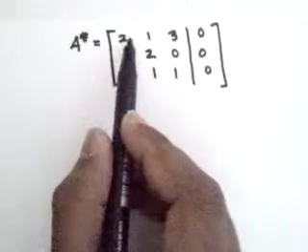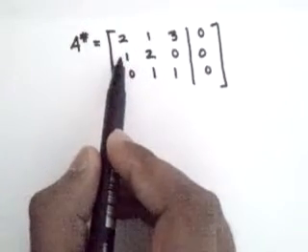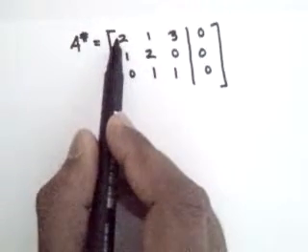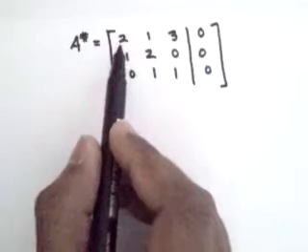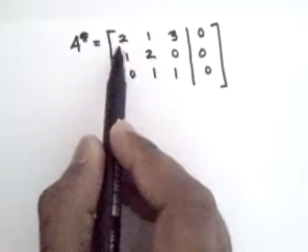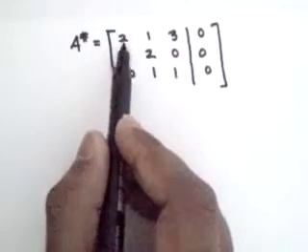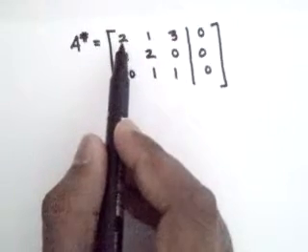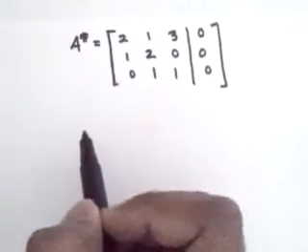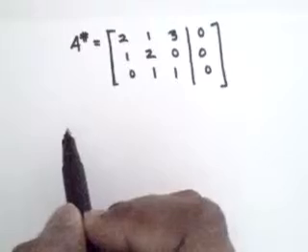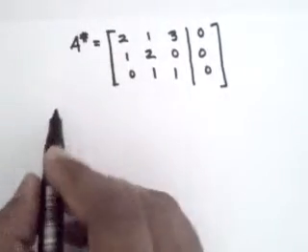We can interchange the second row with the first row, or we can divide this first element 2 by 2 so that we get 1. We'll follow the second step, that is interchange of rows.